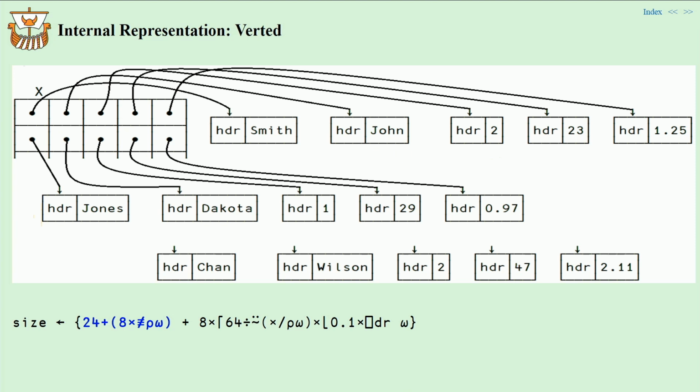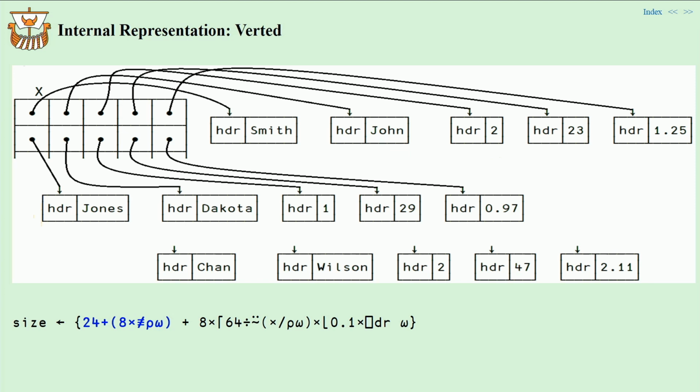I didn't show the header for X itself. And for a nested array, which X is, the items are pointers, and each pointer points to an array. And each of these arrays has a header and then its data, okay? And then it goes down here.